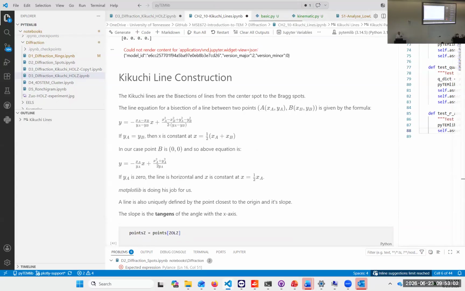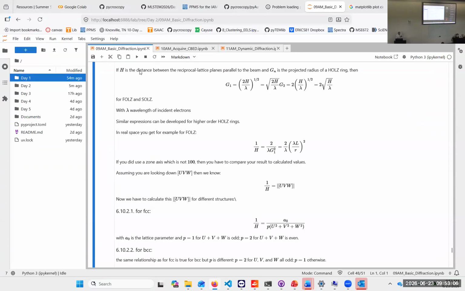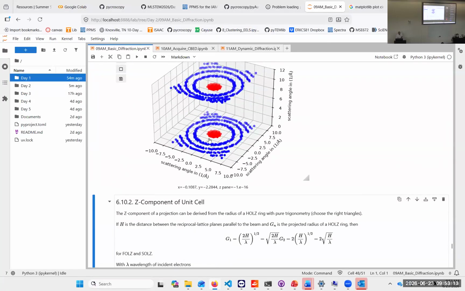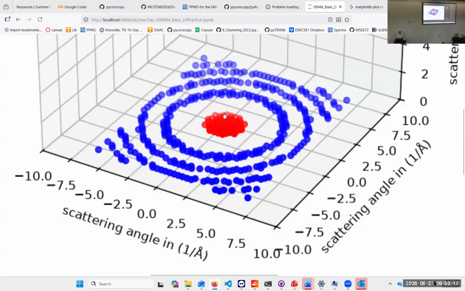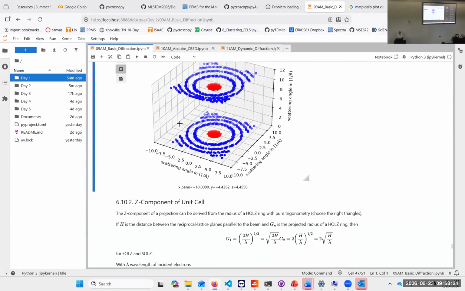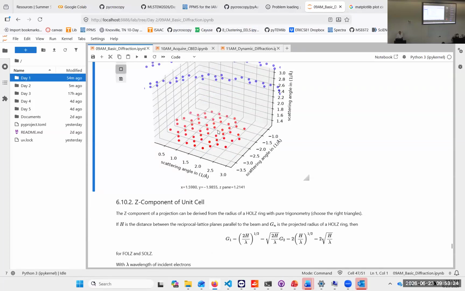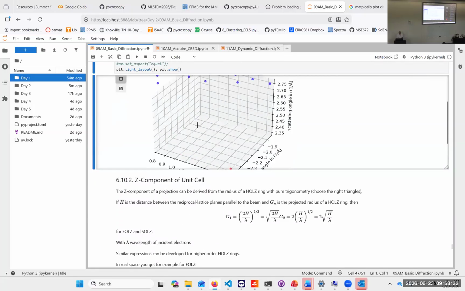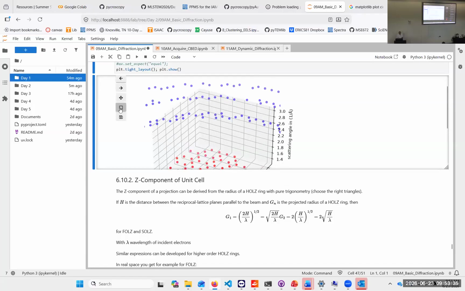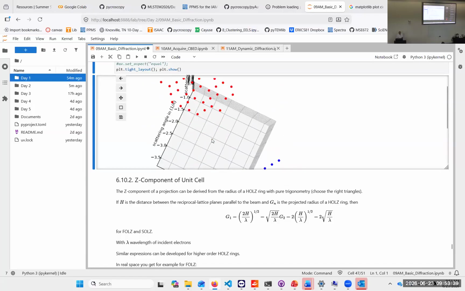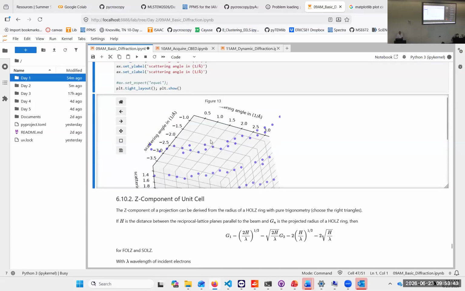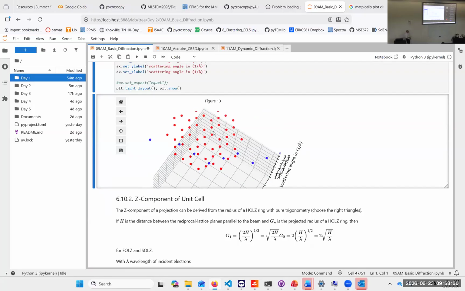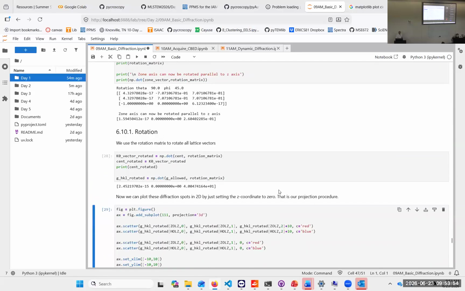The other thing I wanted to say here in our diffraction spots, so we have our and then I have to so what we are looking for in a diffraction pattern is always, this is not a good diffraction pattern.